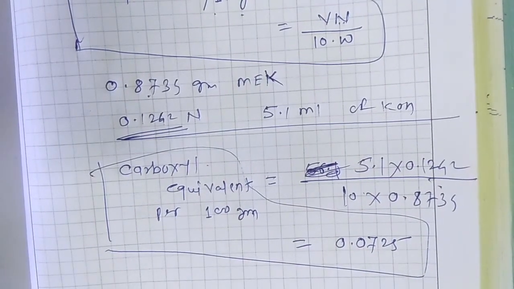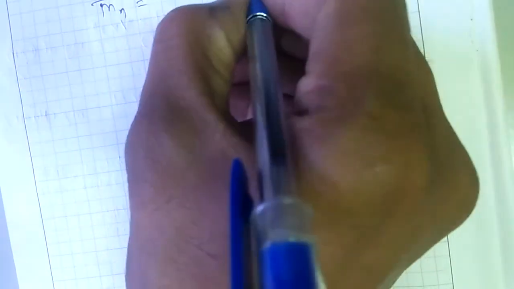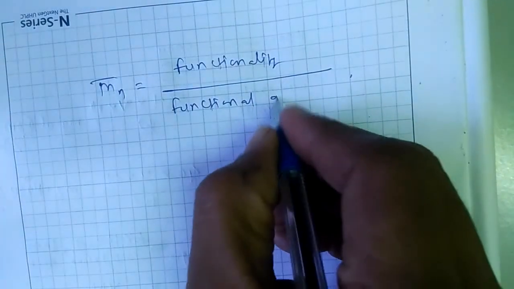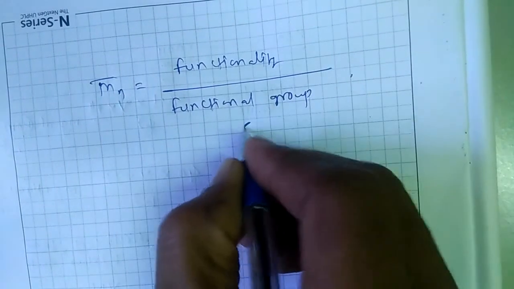But according to our formula, we have the Mn value equal to the functionality divided by functional group equivalent.